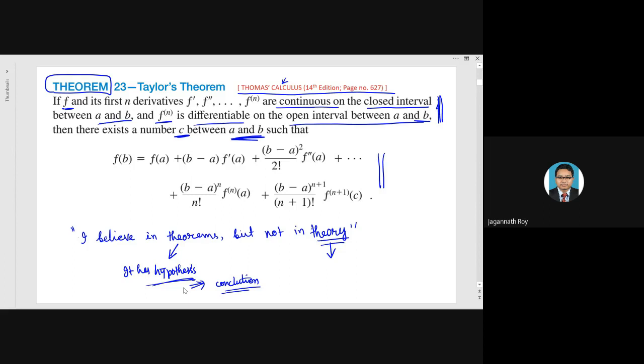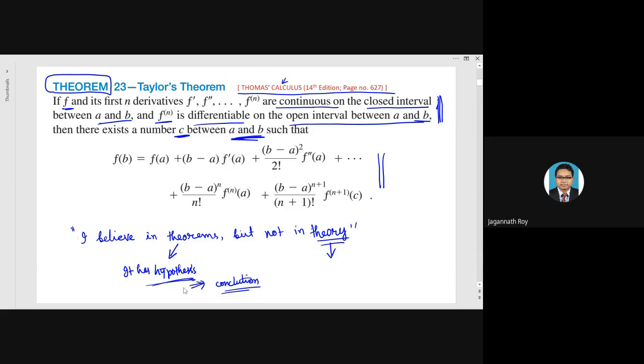Now, when we call it a formula, instead of a theorem, we call it a formula. Sir, there should be f to the n plus 1, right, sir, on the open interval a to b, differentiable, in the second statement. Yeah, there is the confusion.